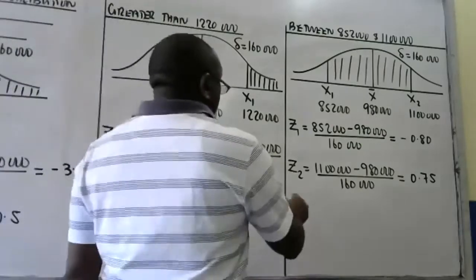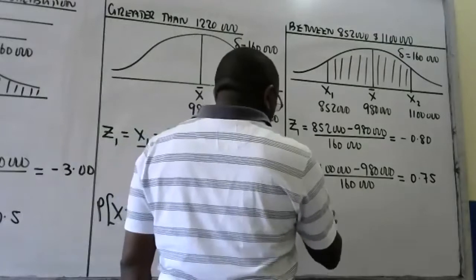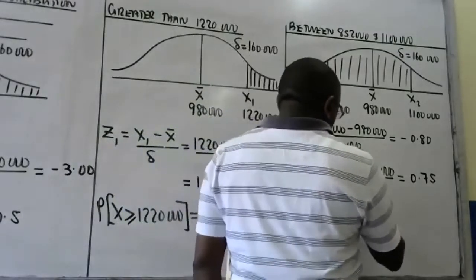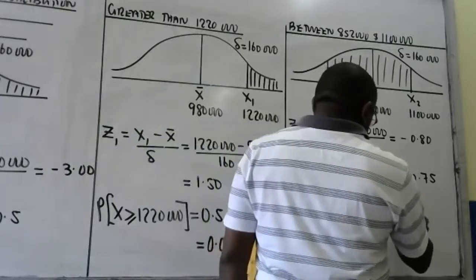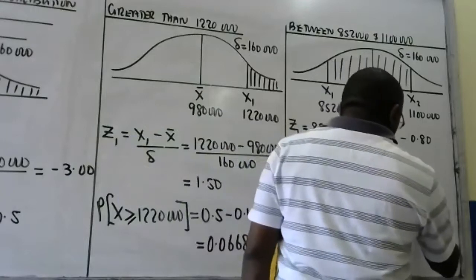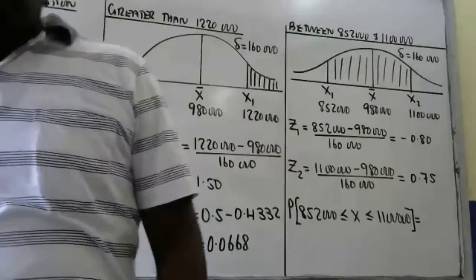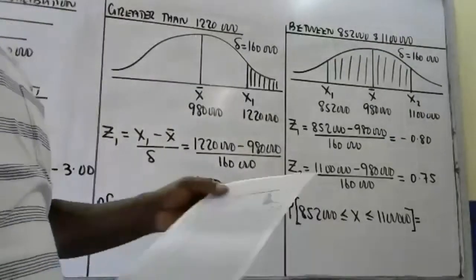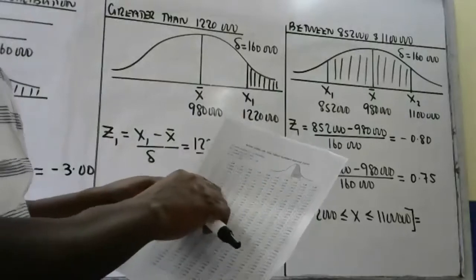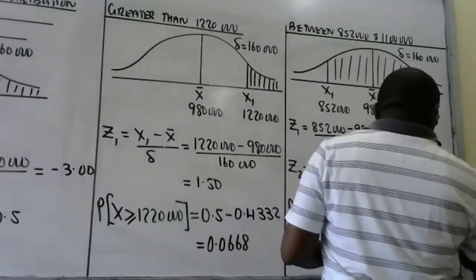So from the tables, probability that we are between 852,000 and 1.1 million is equal to, so you go to the tables and read 0.8, it is 0.2881.